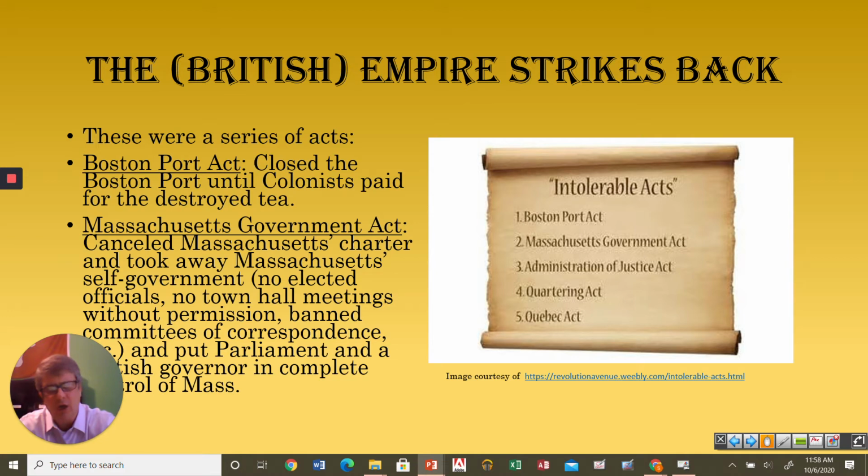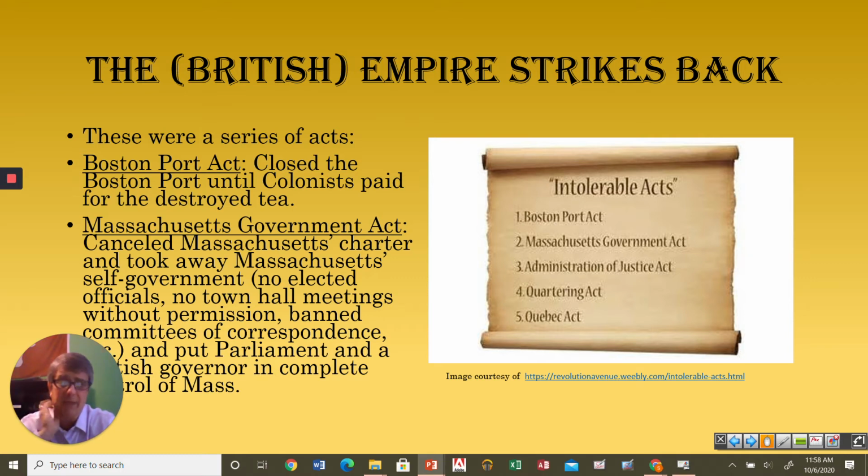So for 150 years, Massachusetts had basically been governing itself. It had a lot of self-government going back to that Mayflower Compact. And then after 150 years, poof, it's all gone. They can't have elected officials. Only Britain can tell them if they can have town hall meetings. You can't even have these banned committees of correspondence.